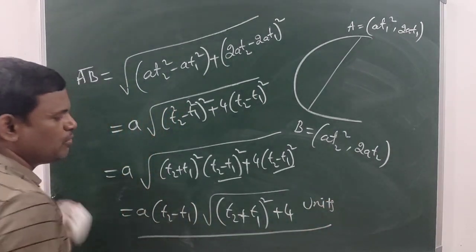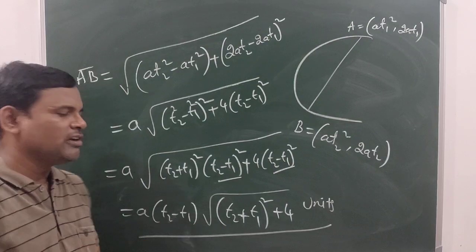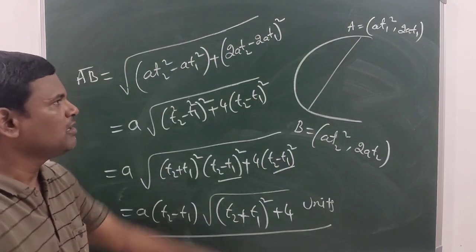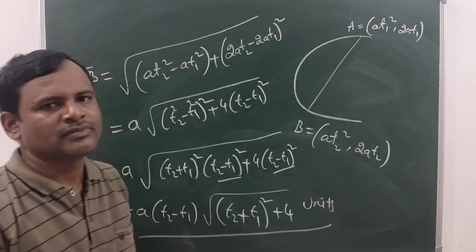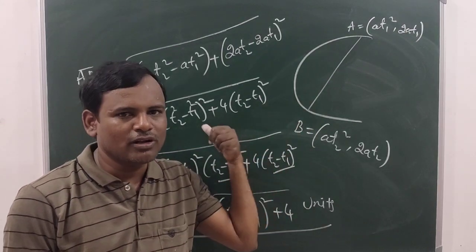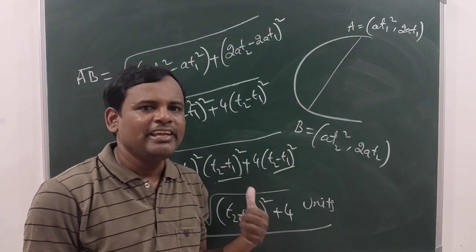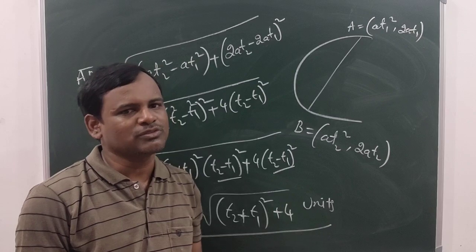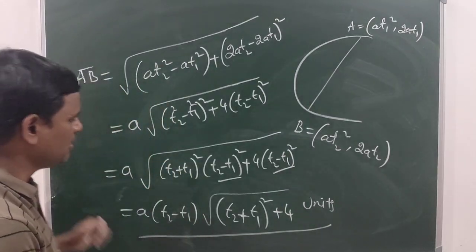Okay students, here itself you have to leave. So this is our required length of the chord AB. This is not a focal chord. For the focal chord, we have got a of (1 by t plus t) whole square.